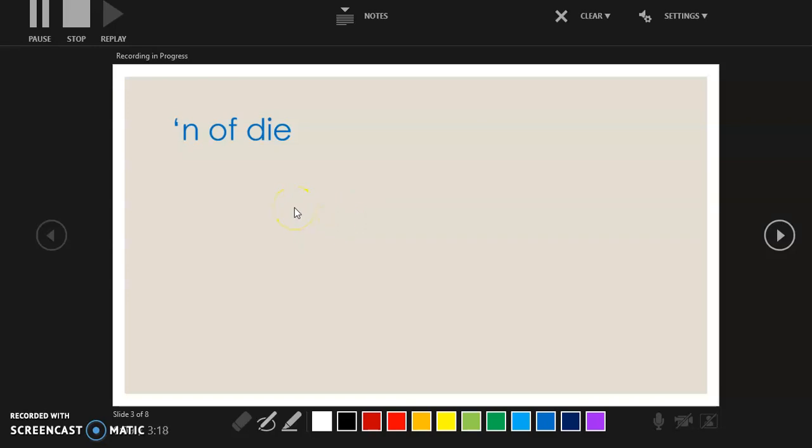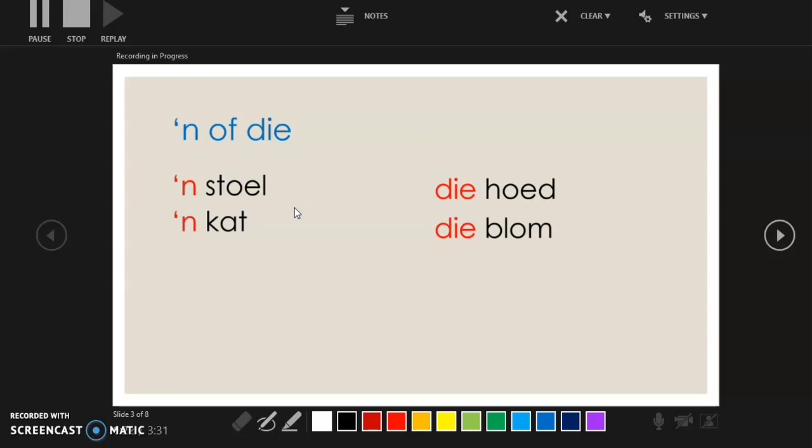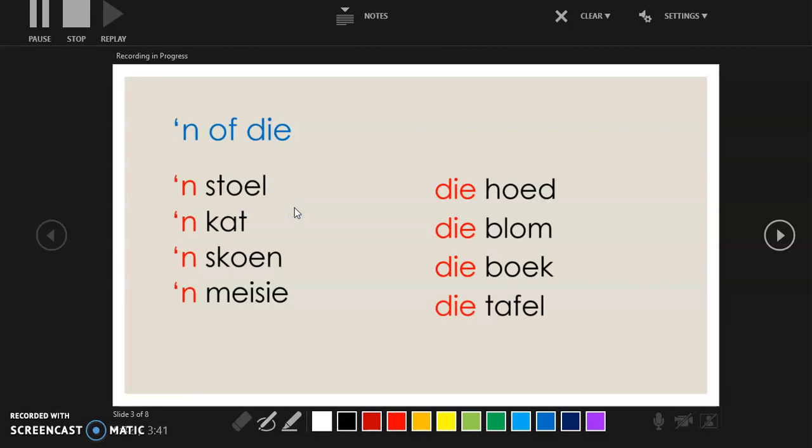Jy kan byvoorbeeld sê 'n stoel, of jy kan sê die hoed, jy kan sê 'n kat, of die blom, 'n skoen, of die boek, 'n meisie, of die tafel, 'n bed, of die man.